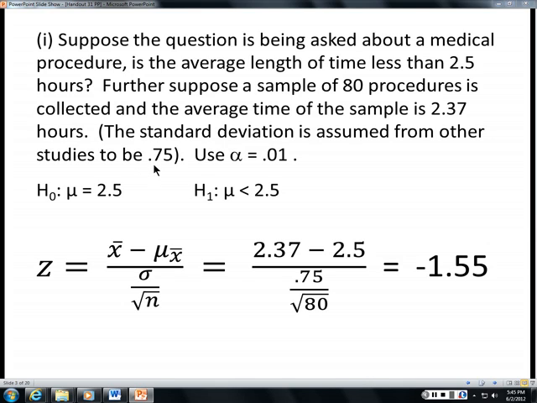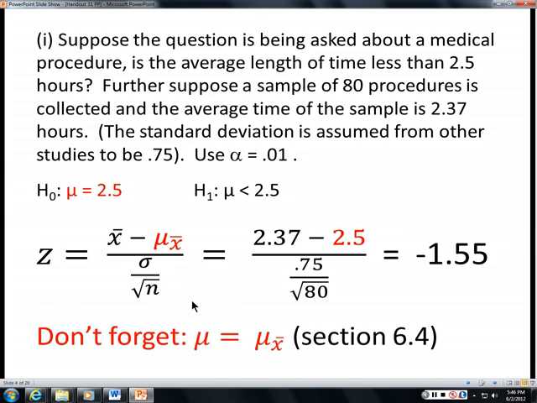Well, just like in chapter 7, when we say that, we're talking about the population standard deviation sigma, so this is 0.75. It says there's a sample of 80, that's our sample size n, so that number has to be 80. And then it says that the sample mean, the average time of the sample, is 2.37, so that number goes here. And finally, this last number, 2.5, well, that's really coming from the null hypothesis.